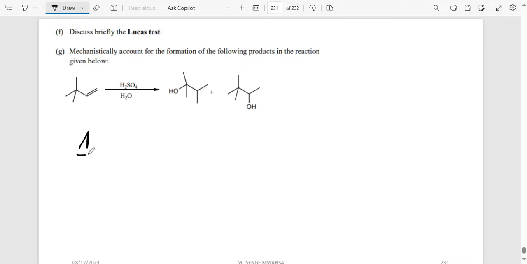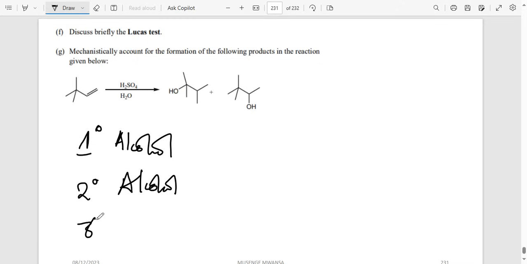So you're using primary alcohols, and then secondary alcohols, and then also tertiary alcohols. In the Lucas reagent, you are reacting your alcohol with hydrochloric acid in the presence of zinc chloride.